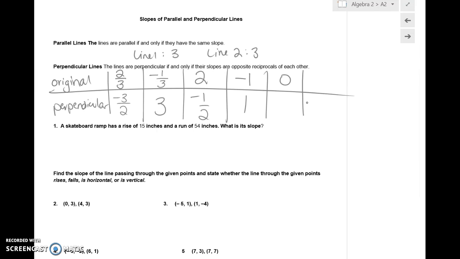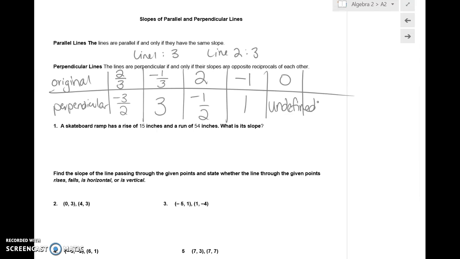What's perpendicular to a horizontal line? Vertical line. And what's the slope of a vertical line? Undefined. All right. We'll get into parallel and perpendicular down in example 6 or something.